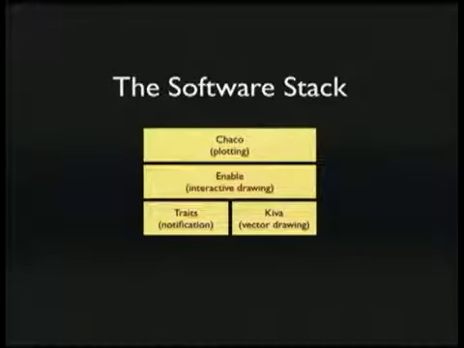With those two tools, you can get a certain distance, but to really get good interactive visualization, you need some sort of interaction layer. Sitting on top of those two things is a toolkit called Enable, which merges together Traits and Kiva so that you now have drawing which can react to events from the GUI, mouse clicks, keyboard events, and so forth.